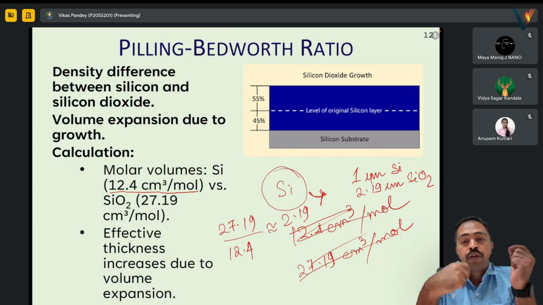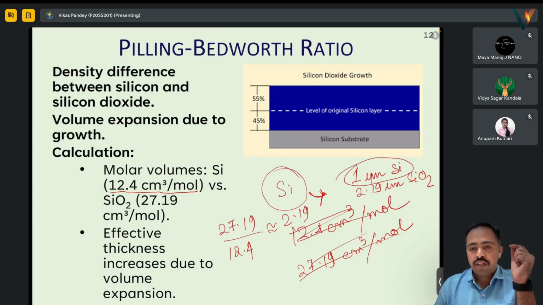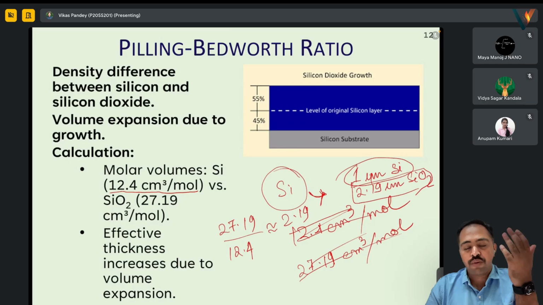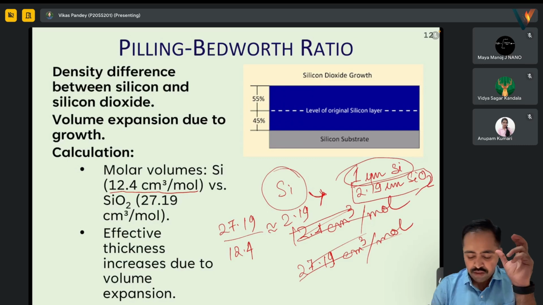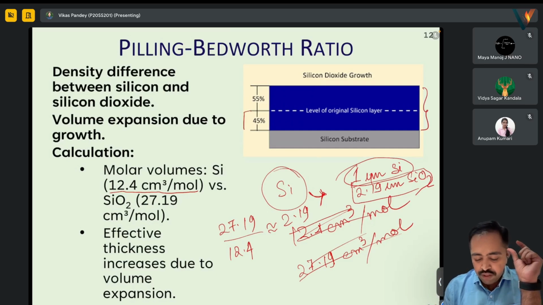So consuming 1 micrometer of silicon will give us 2.19 micrometer of SiO2, or in simple terms, for whatever SiO2 we are making, 45% of volume will come from Si and 55% of volume will be extra.